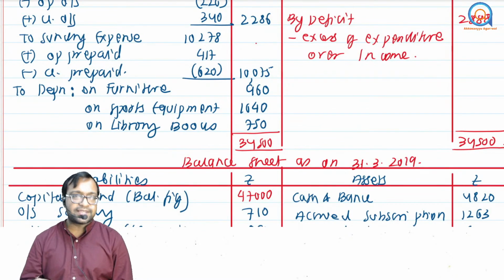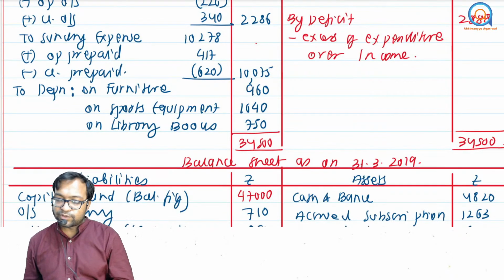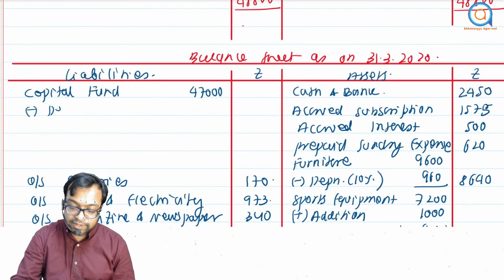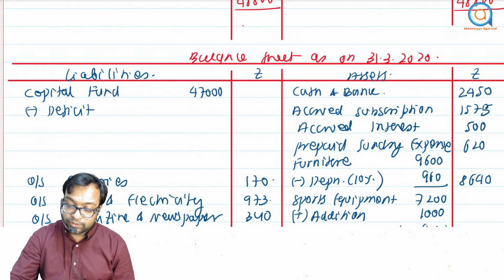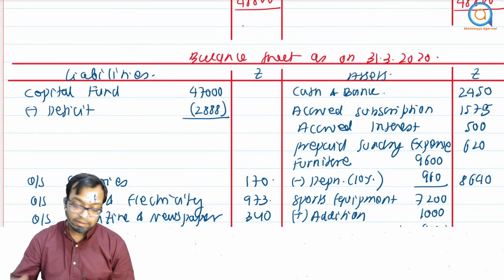Now this deficit should be deducted from the capital fund in the balance sheet. So let's go to the closing balance sheet. From here you deduct the deficit, 2888. 47,000 minus 2888 is 44,112.